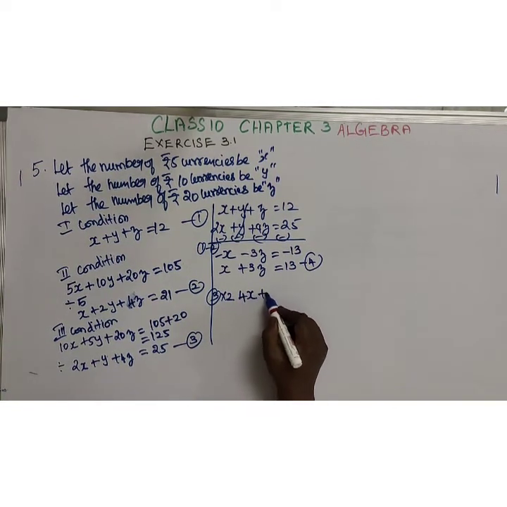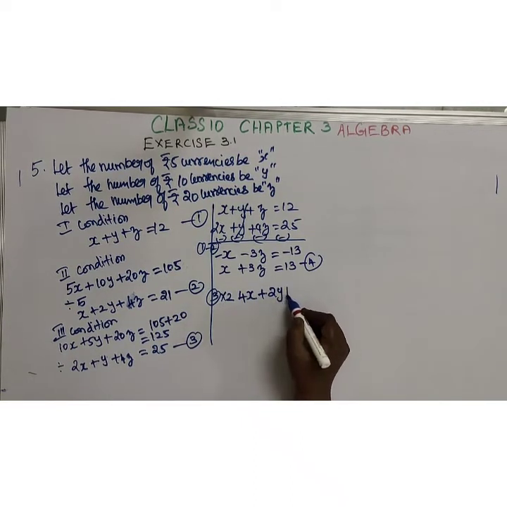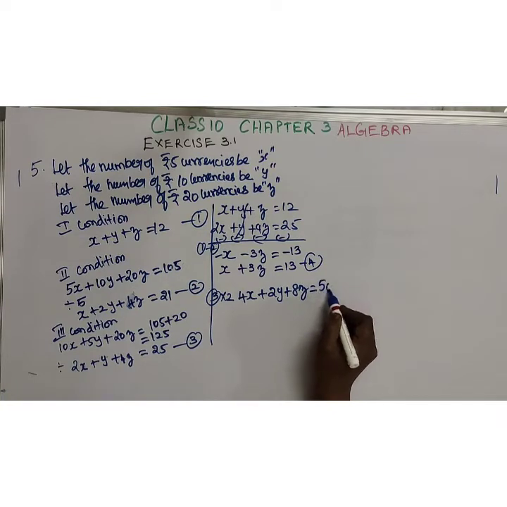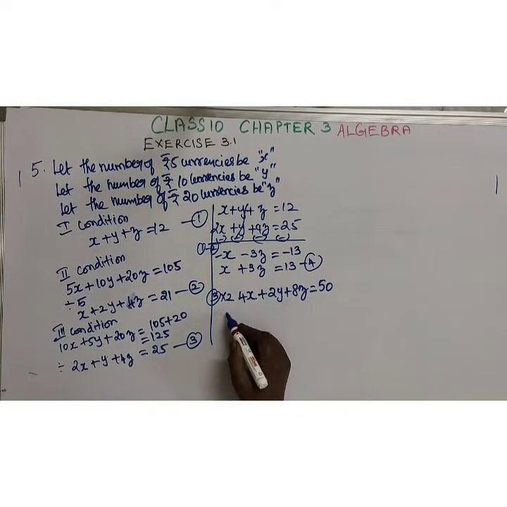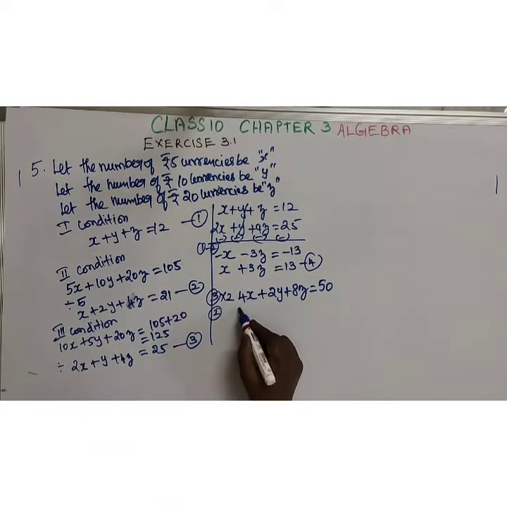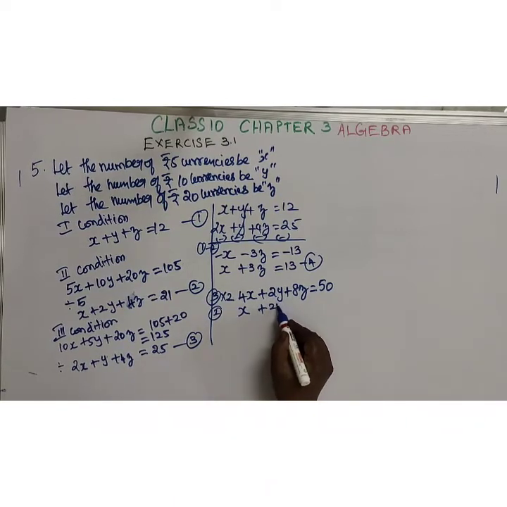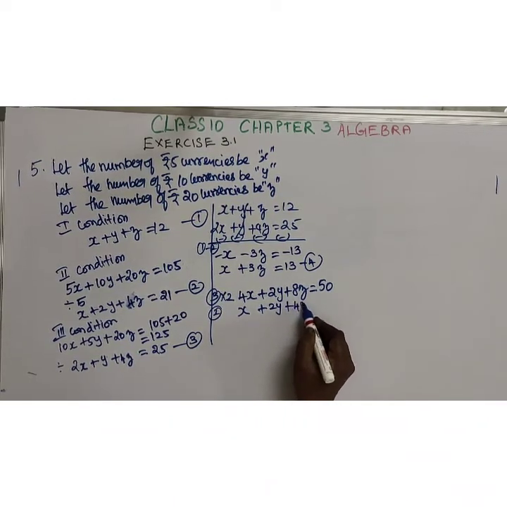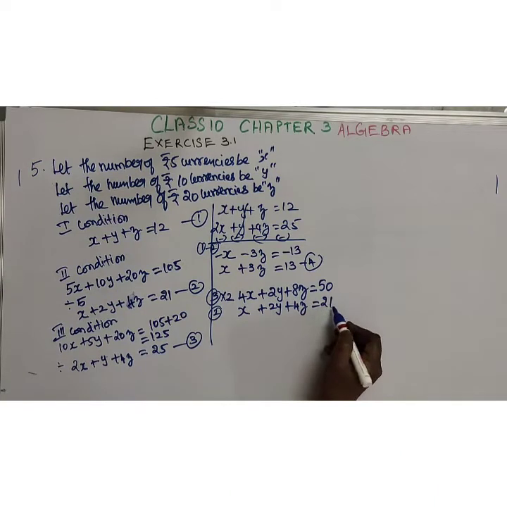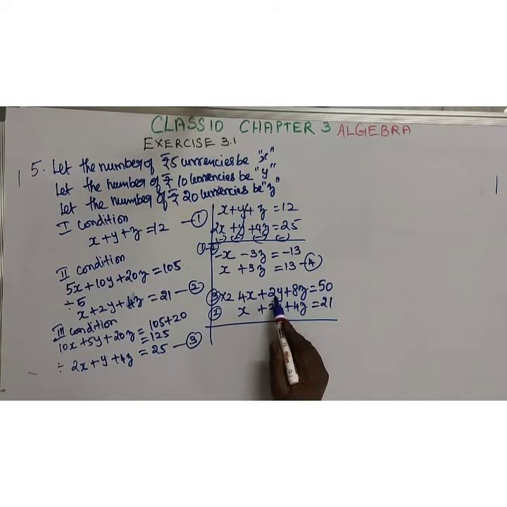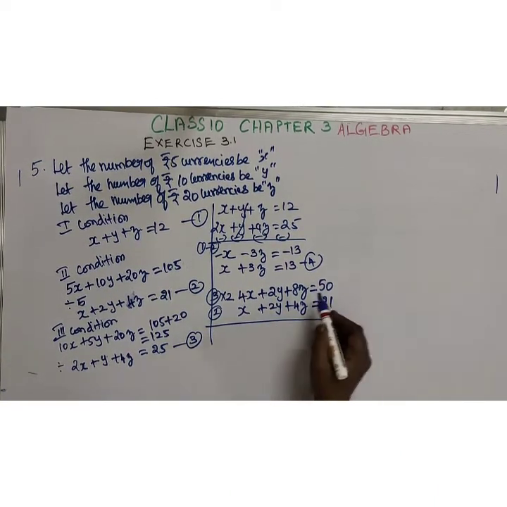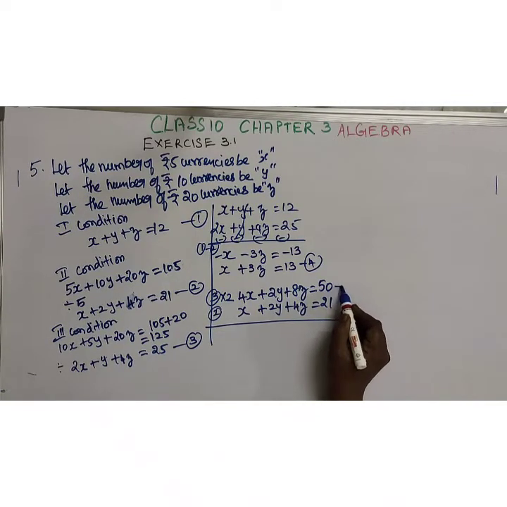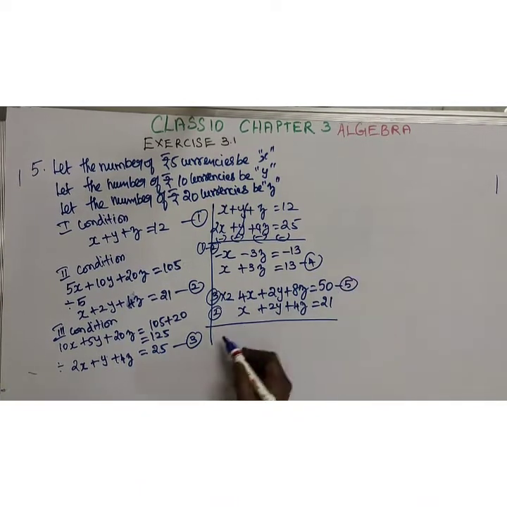So 4X plus 2Y plus 8Z equal to 50. Now have the second equation as such. So X plus 2Y plus 4Z equal to 21. Now signs are same, so we have to subtract. So have this as fifth equation.